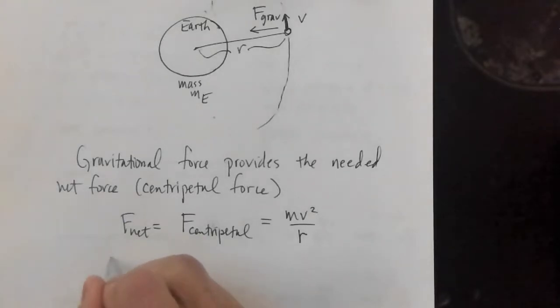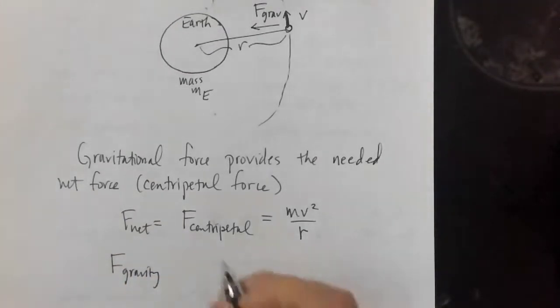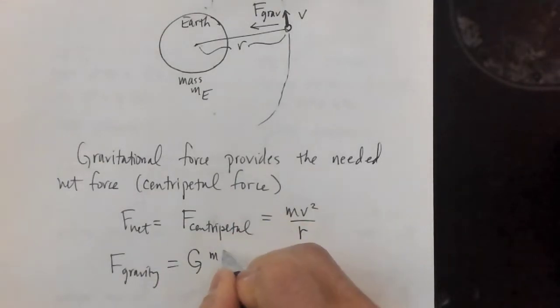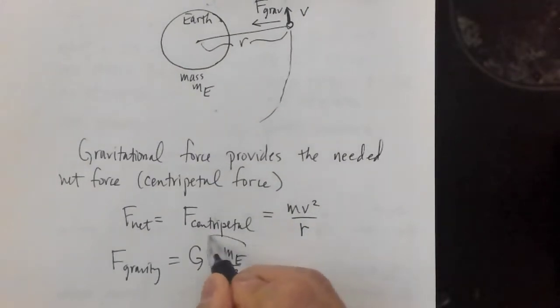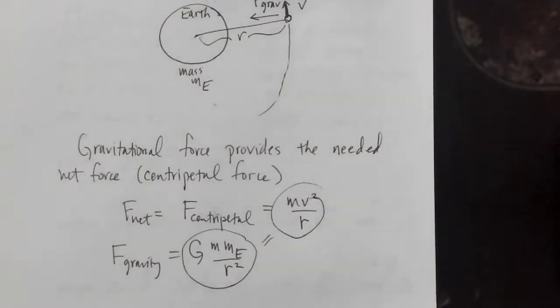So we have that force of gravity, which is G m times M_e divided by r squared. This thing is going to be equal to this thing. They're equal to each other. Does that make sense?